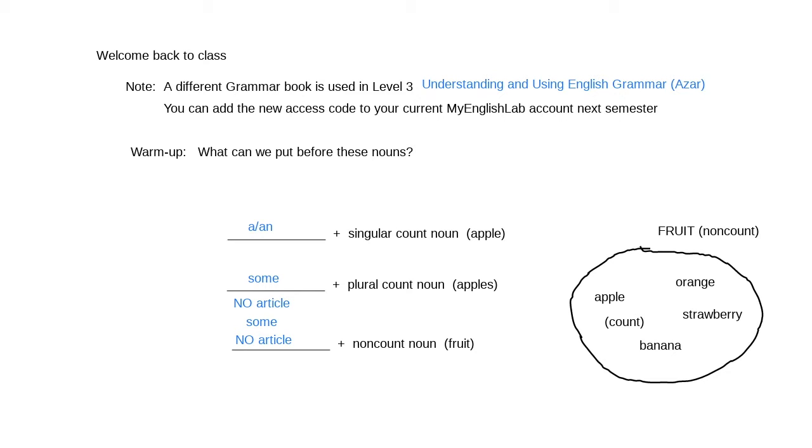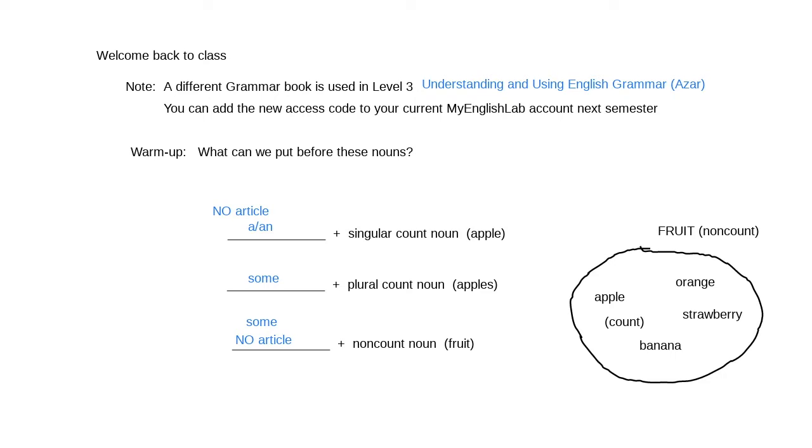They said a and an goes before a singular count noun. Is that correct? Yes, that is correct. So we say an apple, a banana. Can we say a apples? No. What about a jewelry? No. Correct. Good. There's no account here.